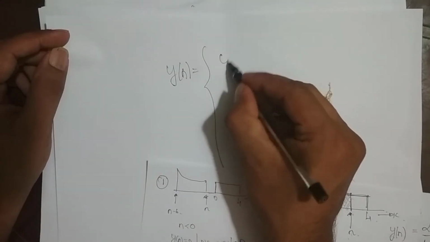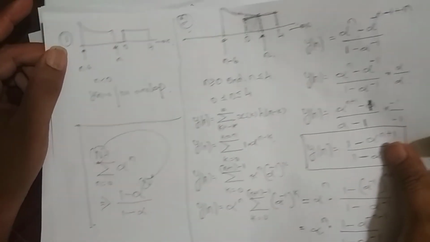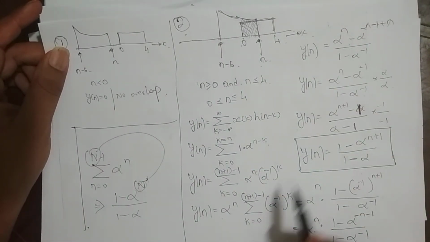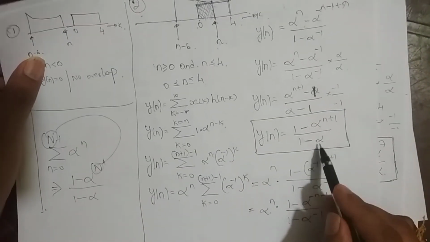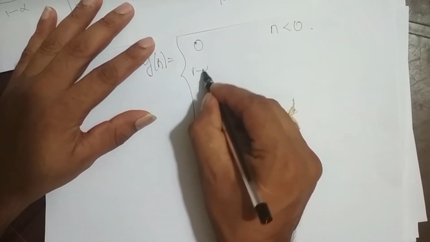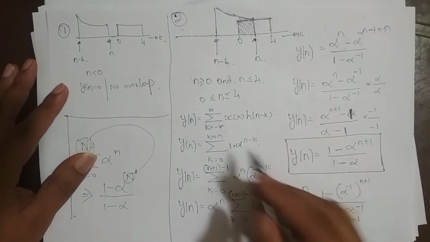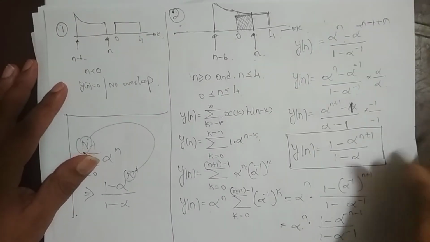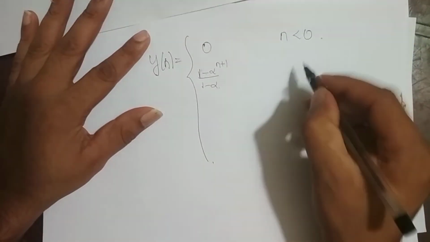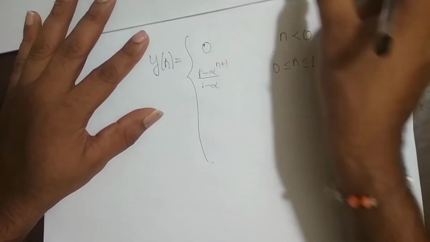So it is 0 for n less than 0. This is for case 1. For case 2, what is the equation? This equation, which is 1 minus alpha power n plus 1 whole divided by 1 minus alpha. And what is the condition for n? For n in between 0 and 4, this is for case 2, right?